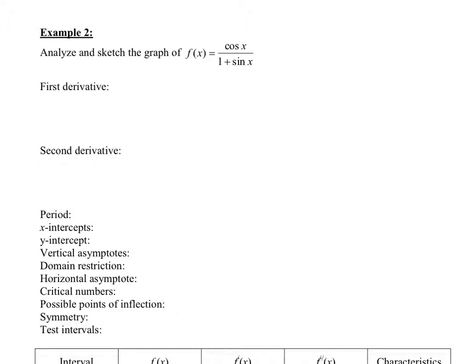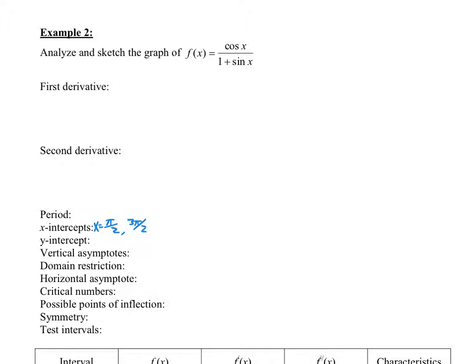When y is 0, so what's going to make that function 0? Pi over 2. Okay, pi over 2, and 3 pi over 2, and then if I keep adding 2 pi to each of those, and that's because those are the points where cosine equals 0, right?